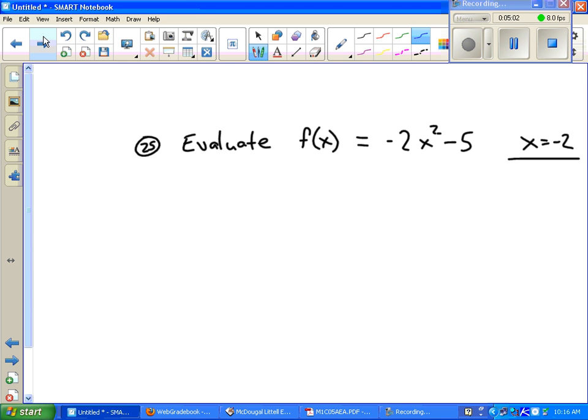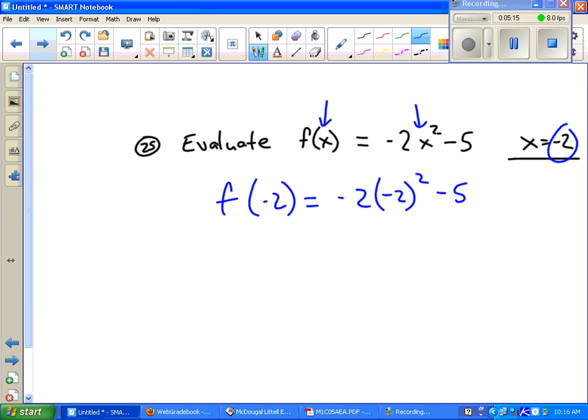25 says evaluate where x's value is -2. So anywhere you see x, you're plugging in -2. So f of -2 equals -2 times -2 squared minus 5. Order of operations tells you to do exponents before you do multiplication.